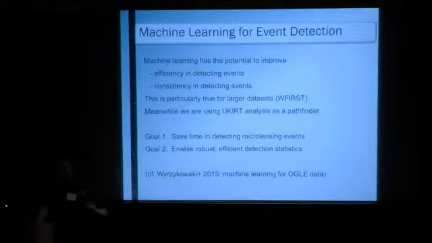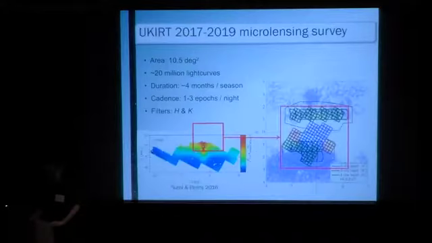Machine learning, on the other hand, has decades of work in astrophysics applications, and in particular recently with light curves. There are a lot of papers on Kepler identification of transiting events, but the only paper I know with the combination of the two, event selection and machine learning, is Łukasz Wyrzykowski's paper from a couple years ago on OGLE, and this is very comparable to what he's done.